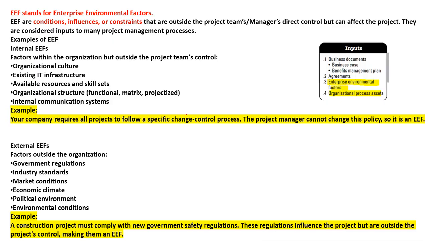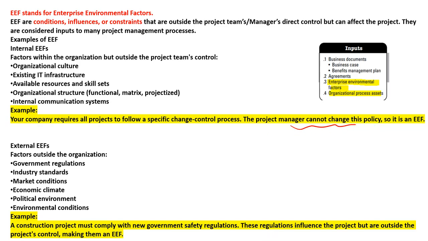Enterprise environmental factors could be internal or external to the organization. The simple definition of enterprise environmental factors is the things that cannot be controlled by the manager or the team.